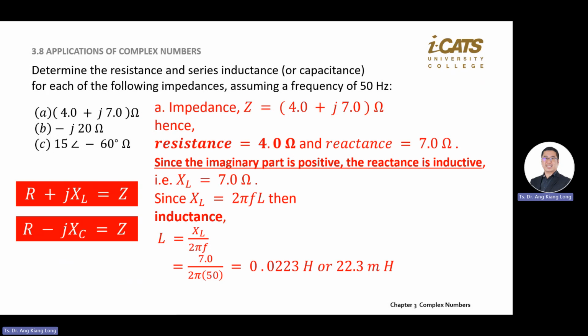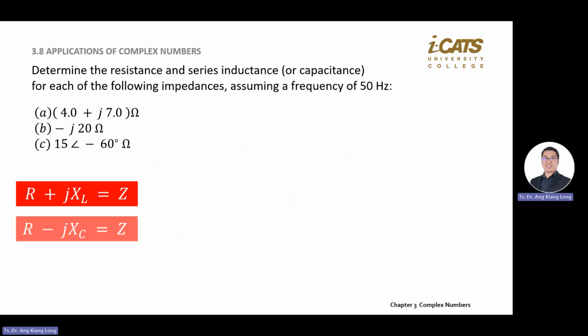Okay, what is important is, again, that you are able to identify the real part and the imaginary part. In circuit design, there are only two types of complex number: either inductance or capacitance. Positive is inductance, negative is capacitance. You see here, B, Z equal to minus 7. So the real part is 0. If you don't see anything in front, it's 0. 0 means your resistance is 0.